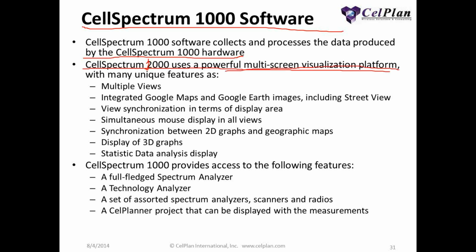This is the platform that we are developing for our new product called Cell Designer, and it's something really amazing. It allows us to have multiple views, simultaneous, synchronized. It's fully integrated with Google Maps, Google Earth, including Street View. So inside the tool, you can look at the images of the street, at the towers, and so on.